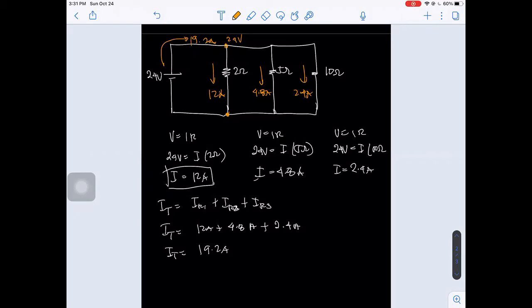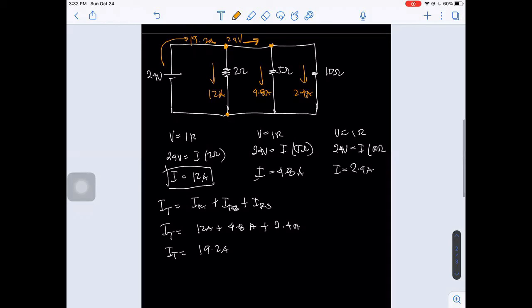There is a current that will enter on this branch, and there is also a current that will go out from this branch and will enter this branch again. So according to Kirchhoff's current law, the current entering the circuit is equal to the current leaving the circuit. As you can see, 12, 4.8 and 2.4 ampere will add up to 19.2 ampere that is entering from the branch of the circuit.